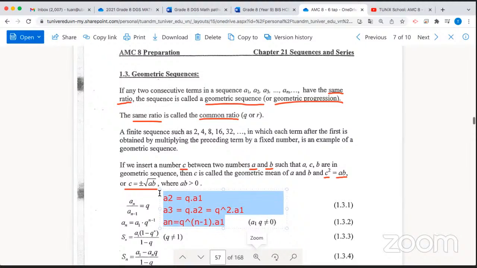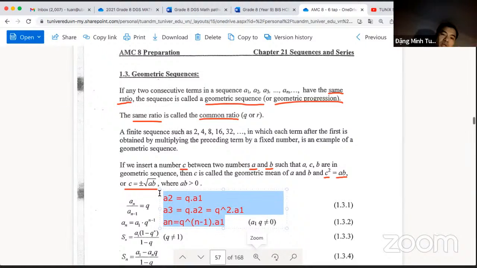So it's easy to understand this one, right? I mean, it takes some time.